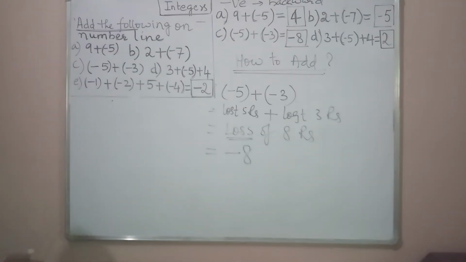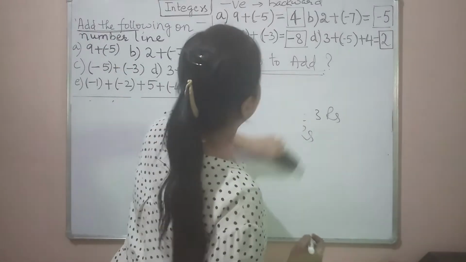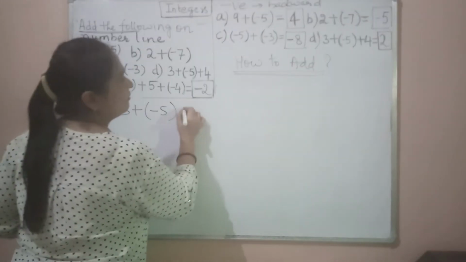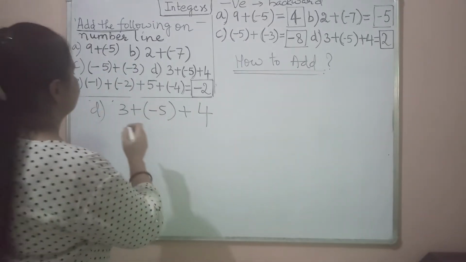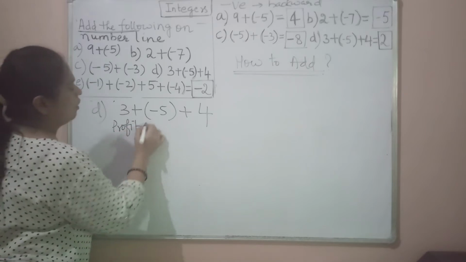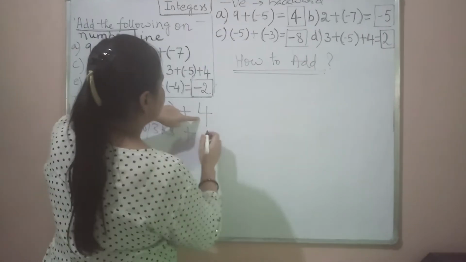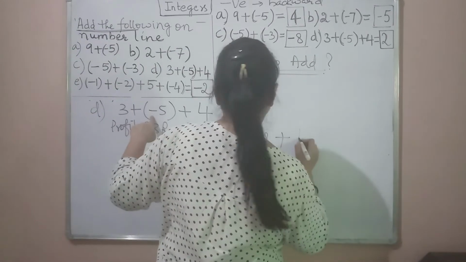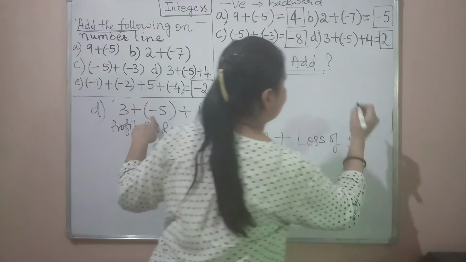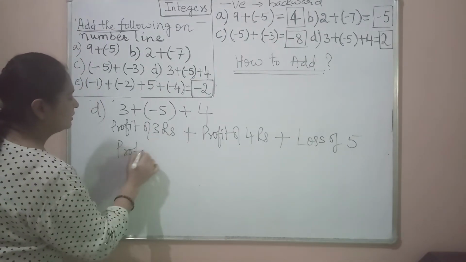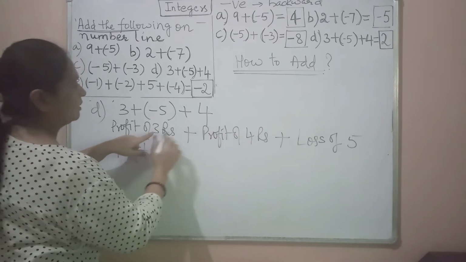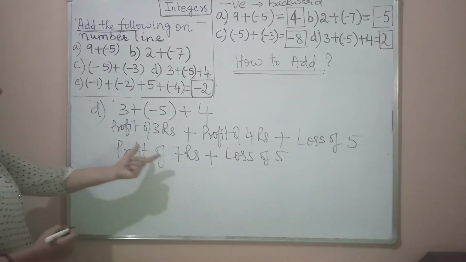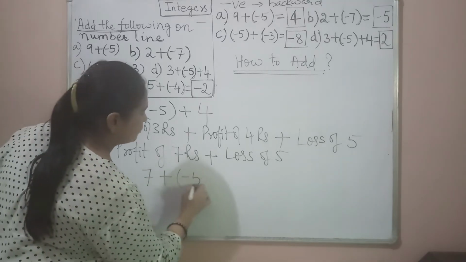He has lost. Now let us come to the next question, that is D part. We are analyzing these ones. Now this is -5 plus 4. Now instead of 2 days, what did he do? A profit of 3 rupees, plus on the third day he again earned a profit of 4 rupees, and on the second day it was a loss of 5 rupees. So obviously, what is the total profit? Profit of 3 plus 4, 7 rupees, and a loss of 5 rupees. That means 7 plus -5, right?